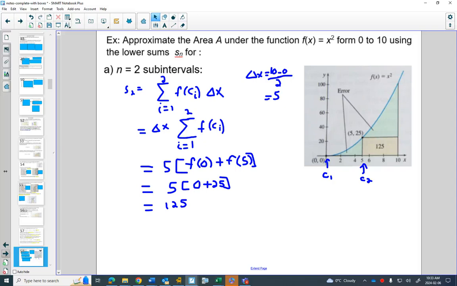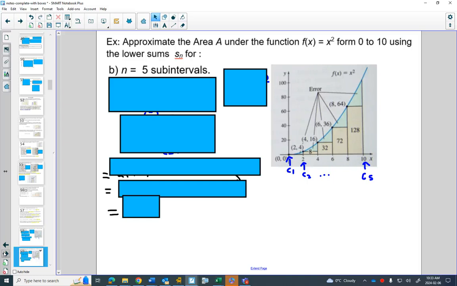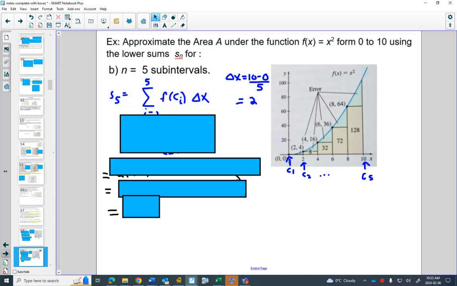So now we go, okay, well, let's do 5 little rectangles and see if we can get closer. So now each interval is 2. We add up the sums of all these rectangles. And again, for ease of calculations, we can pull out and factor out that change in x.